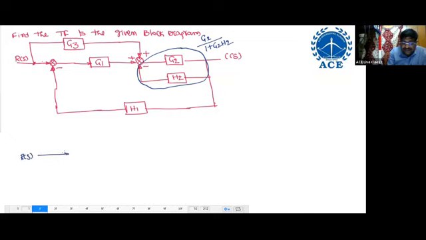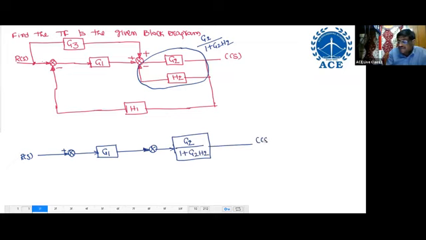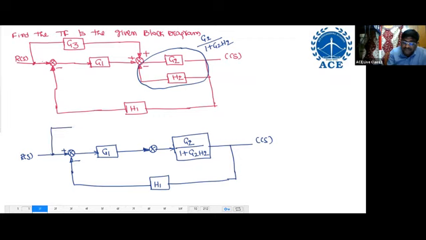R of S, summing point, G1, again summing point, here G2 by 1 plus G2H2, C of S. Next here H1, next here G3.